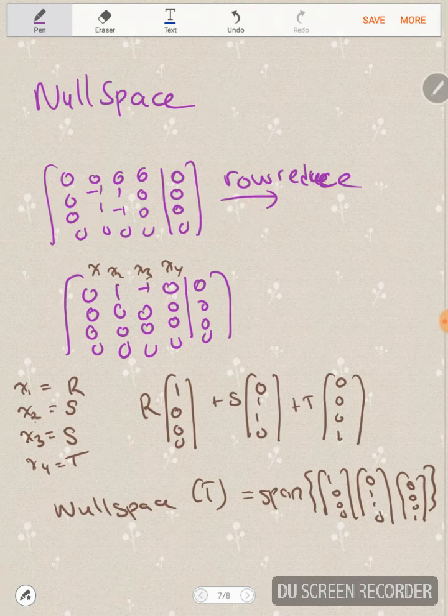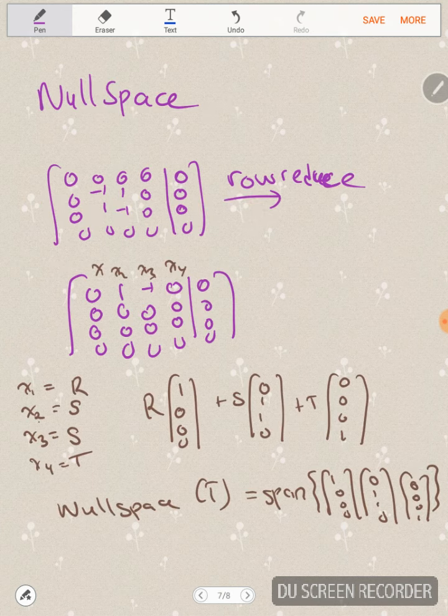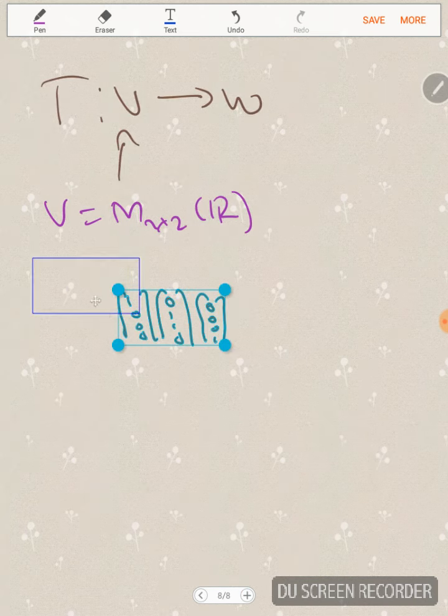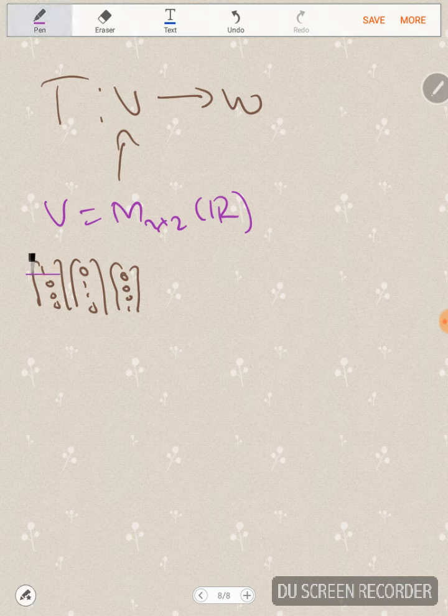Let me copy this and put it over here. This set would not be the kernel because it's written as if it was in Rn, and ours is in 2 by 2 R. So we have to rewrite this in terms of the space in 2 by 2 R.